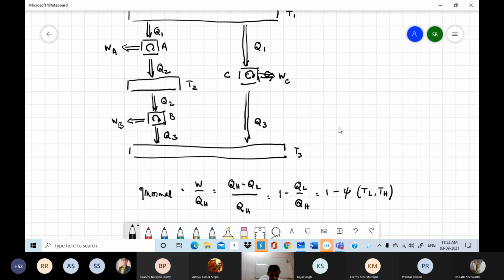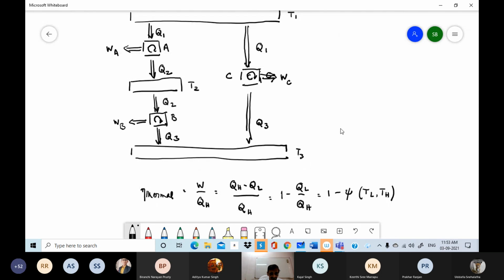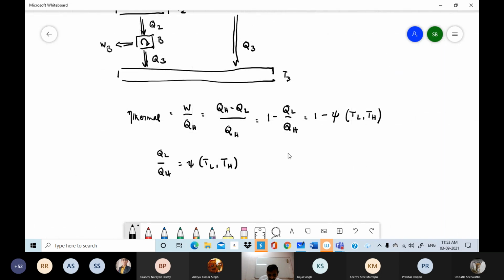Now, if I look at engine A, in that case, QL is Q2 and QH is Q1. So if I consider engine A, it took Q1 from reservoir at T1 and rejected Q2 to reservoir at T2.